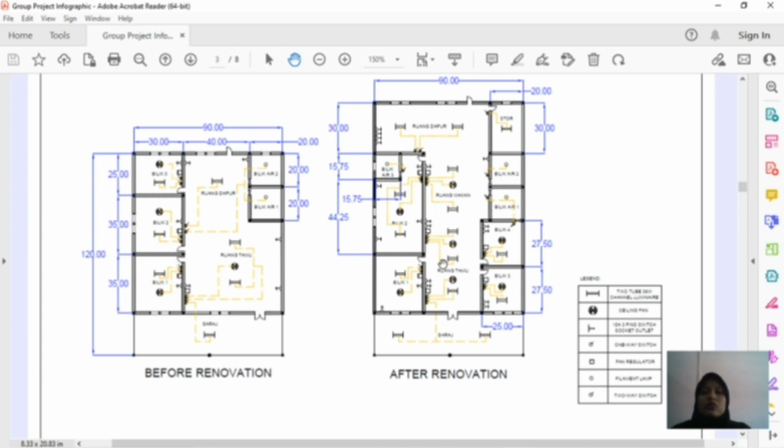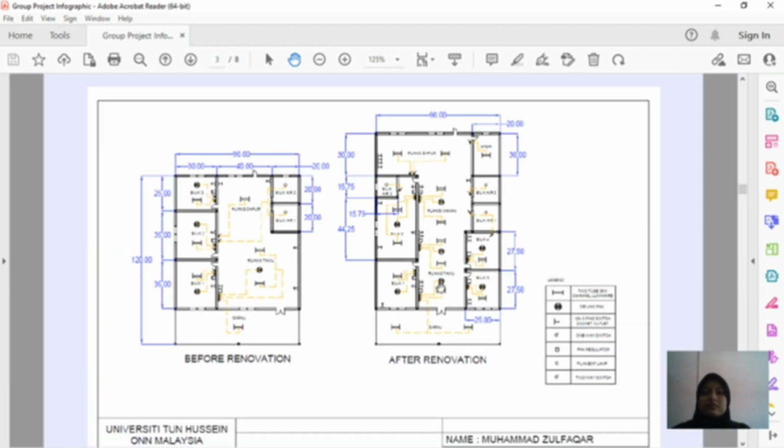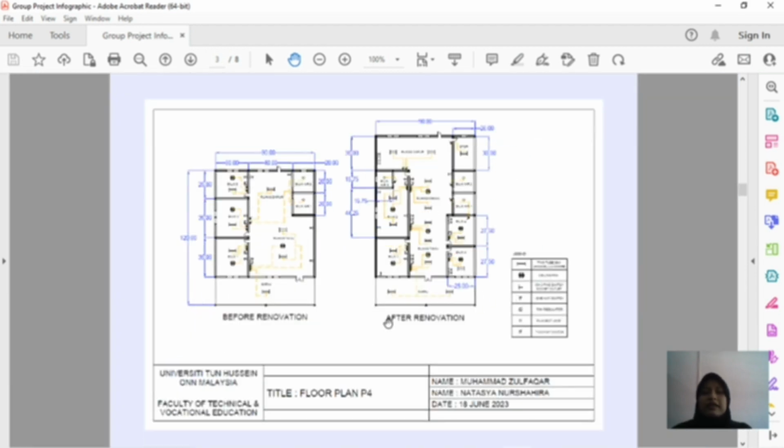For the next switches, we have 1 unit of 2 tube channel luminaire, 1 switch for the ceiling fan, and 1 switch for the 2 tube channel luminaire and 1 fan regulator. So that's all for the floor plan of our project.